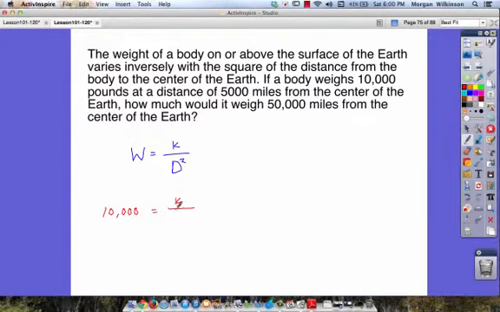The distance is 5,000 miles. So we're going to have to take 5,000 miles and square it. Now to find k, our constant of proportionality to help us figure out the second part, we need to say 5,000 squared times 10,000 in order to isolate k.